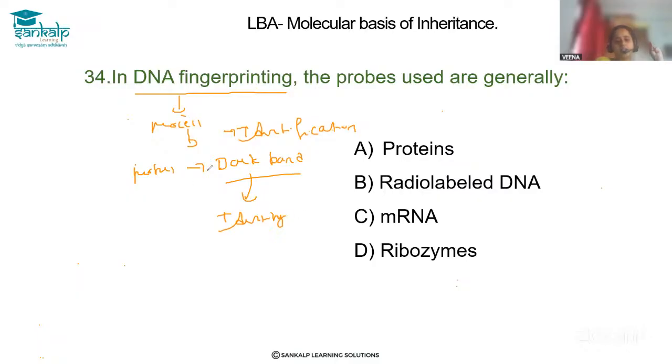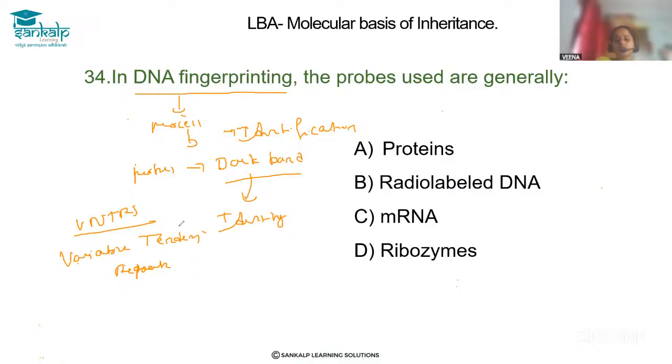In DNA fingerprinting the probes will be containing VNTRs, that is variable number tandem repeats.